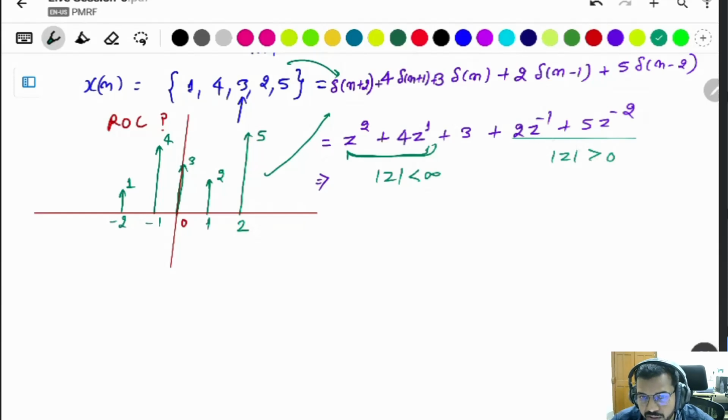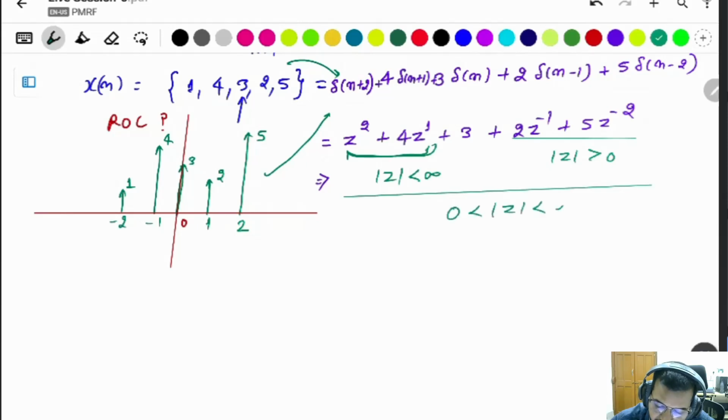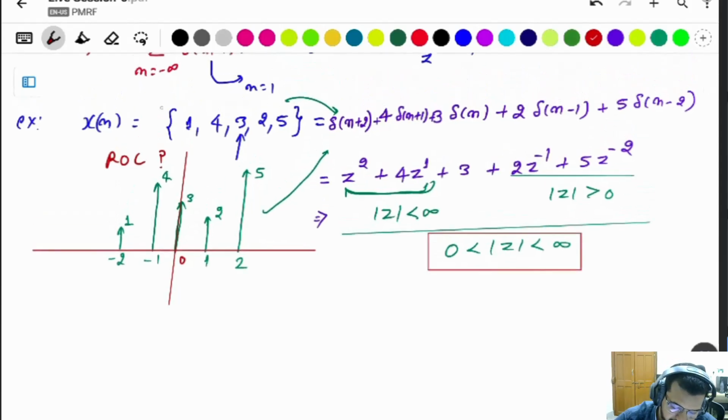That's why the ROC of mod Z should be greater than 0. Then for the entire signal, the ROC will be greater than 0 and less than infinity. This is the ROC of this function.